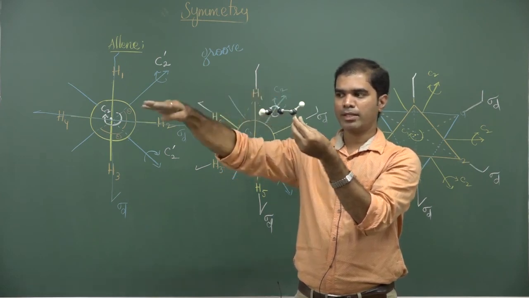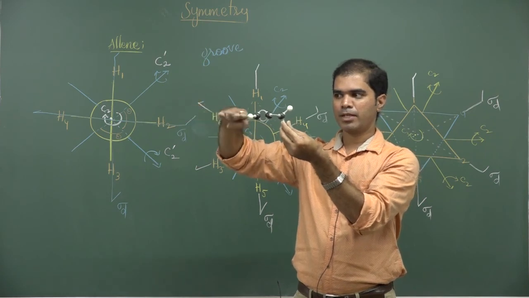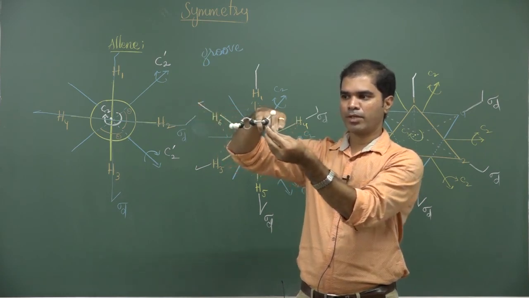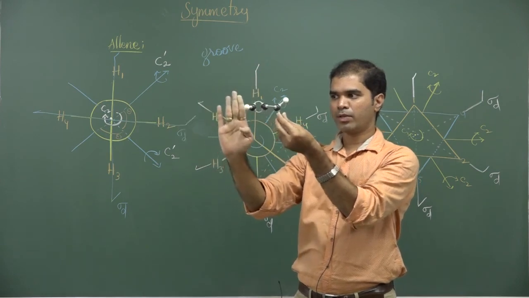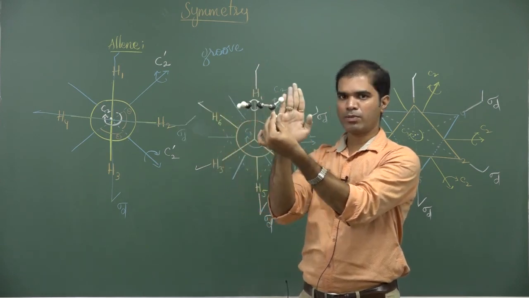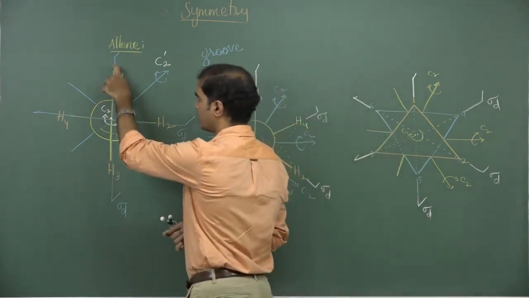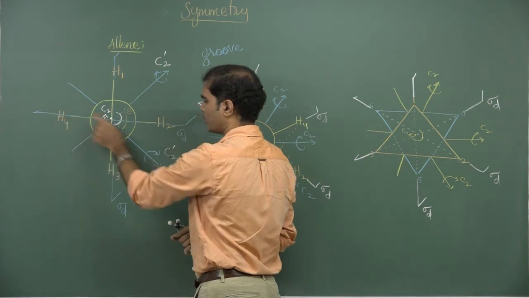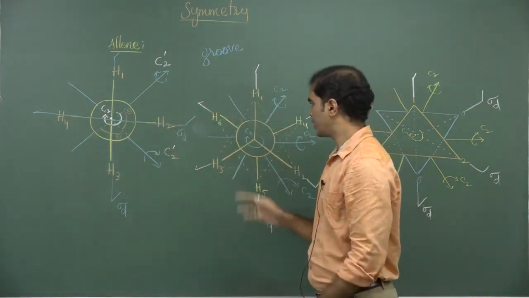Along with that, it is taking 2 hydrogens at a time. If it is this plane, it is between these 2 hydrogens, and as it comes out, it is taking up these 2 hydrogens. So sigma d is taking 2 hydrogens at a time, right?